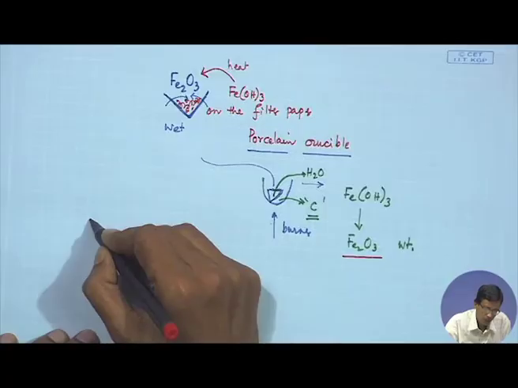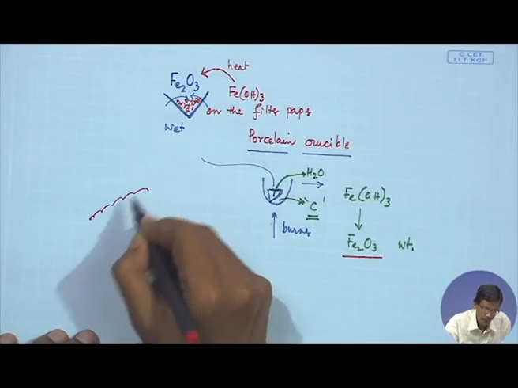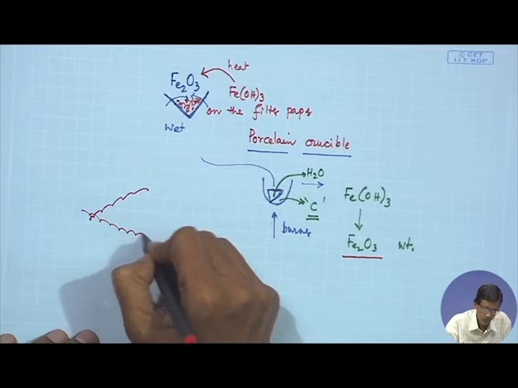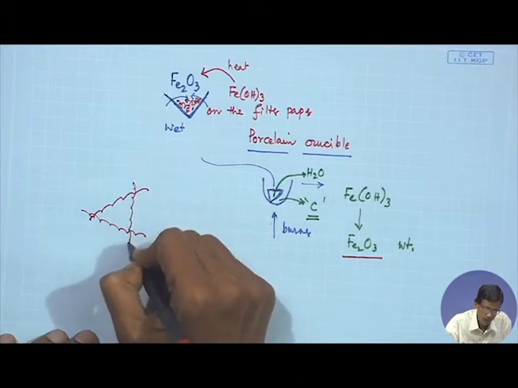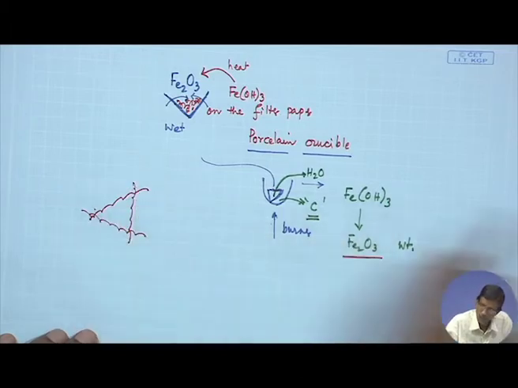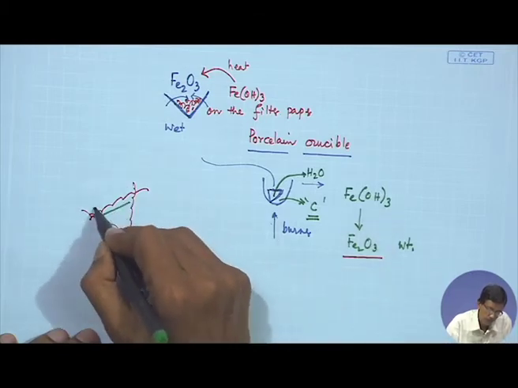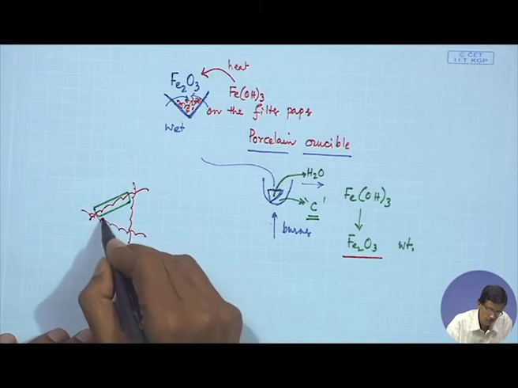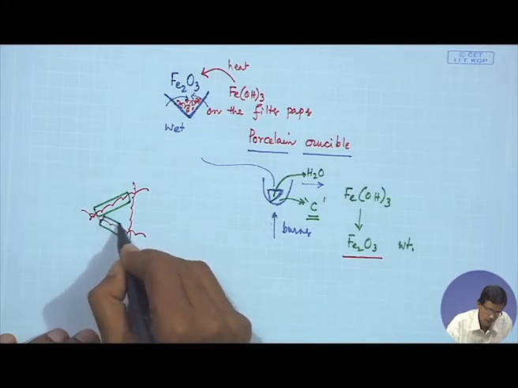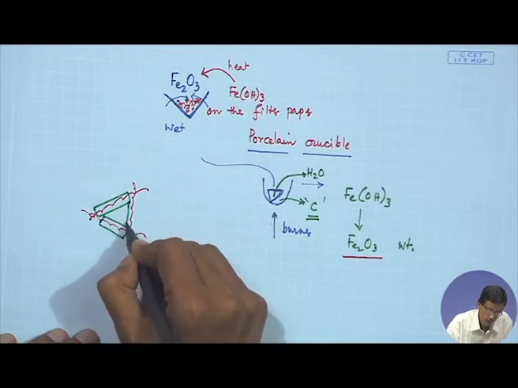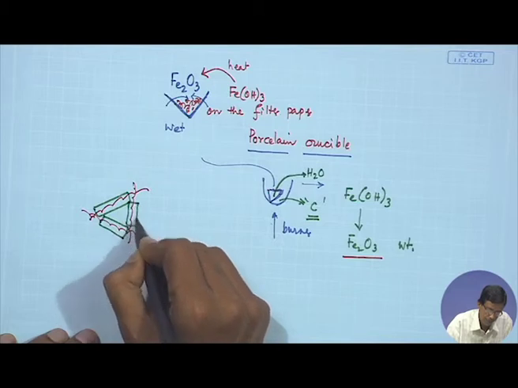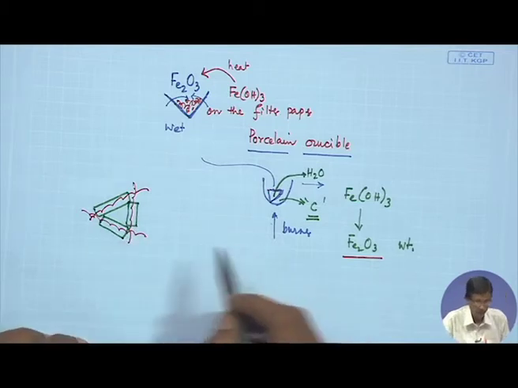You have this wire thing, and on this wire we put some porcelain tubes, because you have to withstand a high temperature. So, this is the triangle.